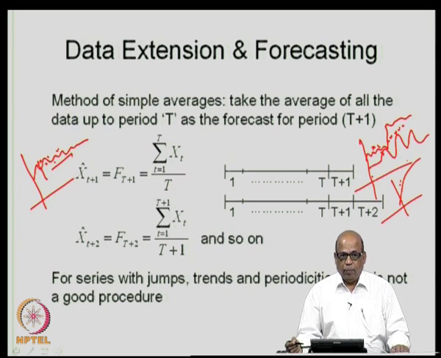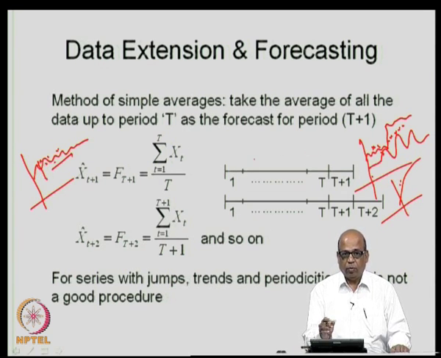An improvement of the forecast using the average method is not to take all the values, but to take the last few values which have occurred and then use the averages computed using the last few values to compute your forecast. This is called the moving average method.